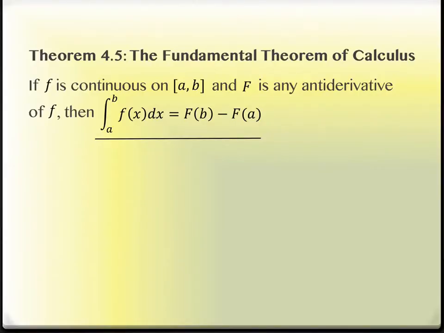So if you take a look at Theorem 4.5, first thing on the page, this is the fundamental theorem of calculus. You'll notice that the first part looks like something we've already talked about. We've already looked at that notation. This is the area under the curve between x is a and x is b, and we're doing the antiderivative somehow, and this new part is the part on the right.